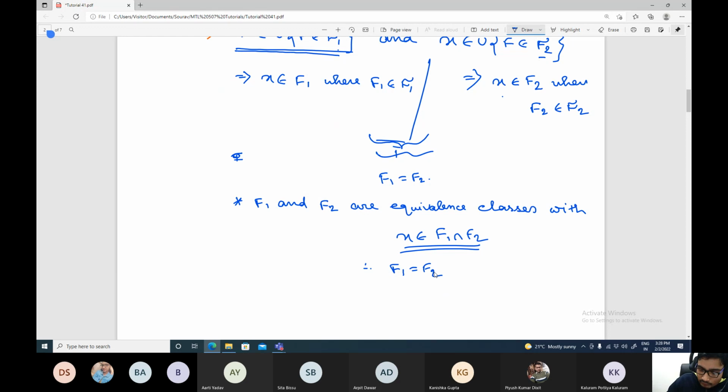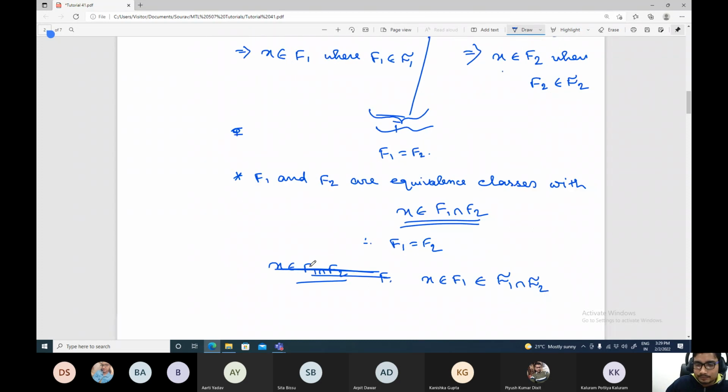Now once we have F1 equal to F2, we have x belongs to F1, which belongs to script F1 intersection script F2, right?